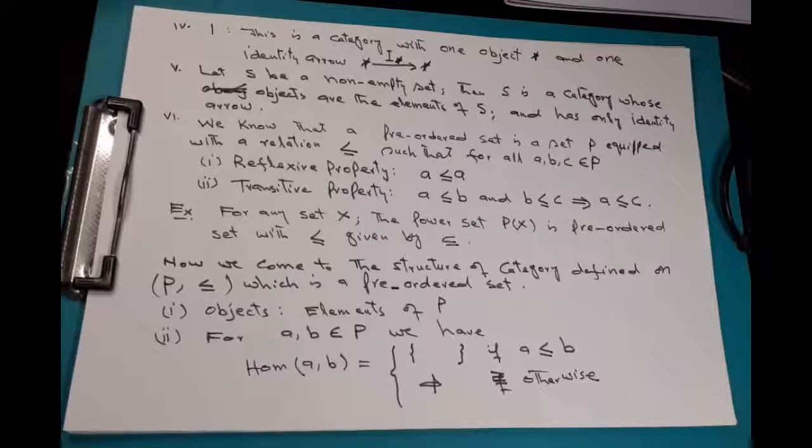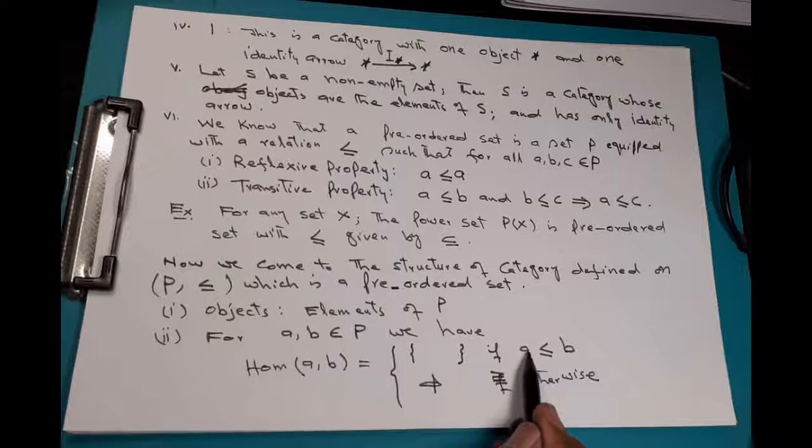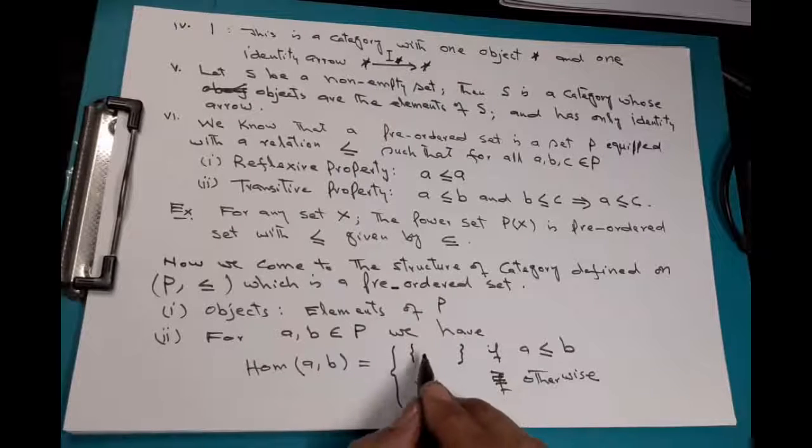Now let's see what symbol we are going to use here. There is only one morphism if A is related with B. If A is related with B, then there is only one morphism, and we are going to write that morphism by this symbol.